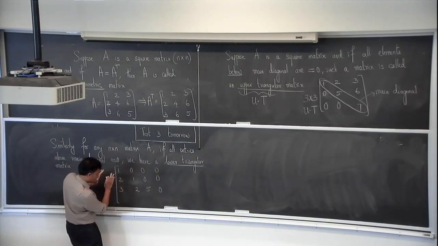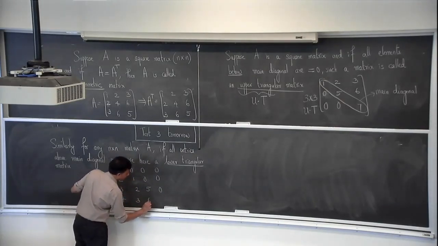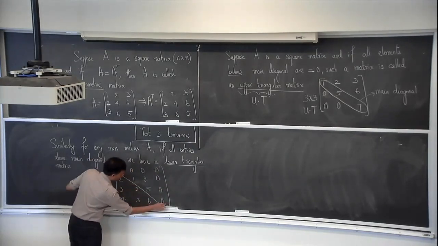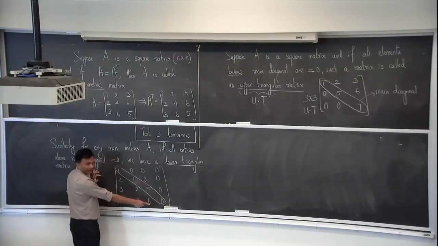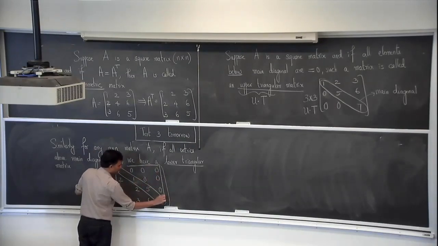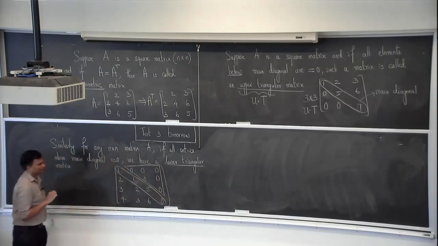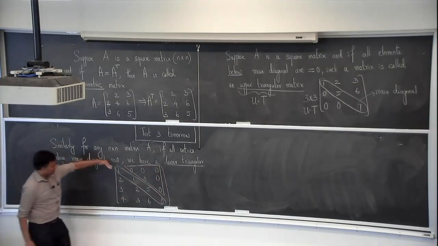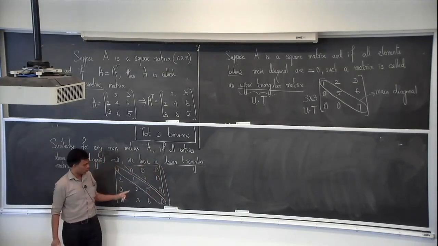Trying to make sure that everything there is 0. Did I get that right? Again, we don't care what is on the diagonal. That could be 0 or non-zero. What I need to preserve is this triangular part here. So this is the main diagonal. Everything above it is 0. It's a lower triangular matrix.